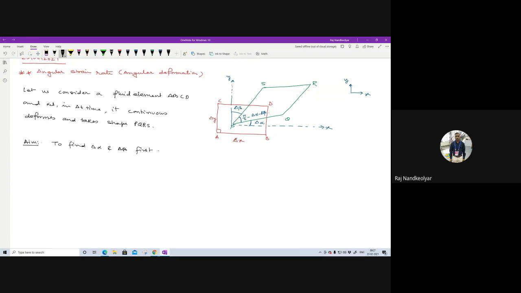Okay, so the initial dimensions were delta x and delta y.